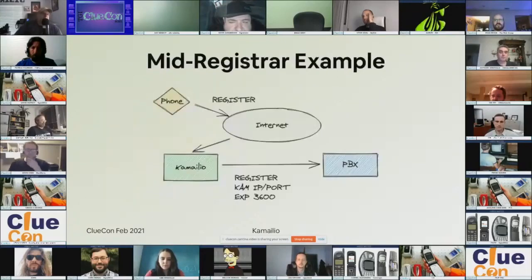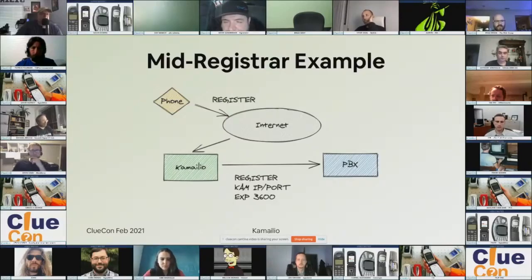So an example might be that the phone registers through the internet. Commonilio is just watching, right? When Commonilio gets the registration, it tells FreeSwitch, all it does is change the contact header and just a little bit of the other headers, so that as far as FreeSwitch is concerned, the endpoint is Commonilio.